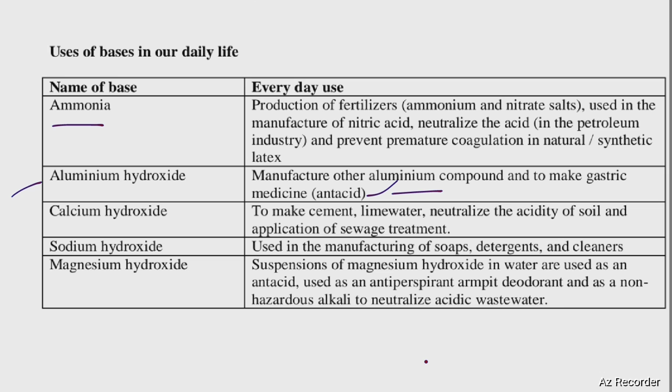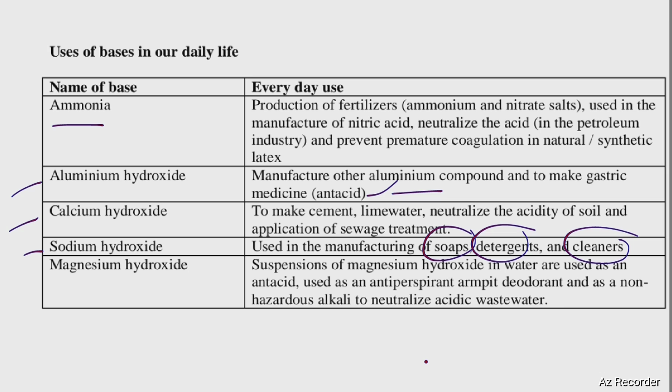Calcium hydroxide is used to make cement, lime water, to neutralize the acidity of soil, and in sewage treatment. Sodium hydroxide is used to make soap, detergents, and cleaners. Magnesium hydroxide, when you suspend it in water, is also used as an antacid.